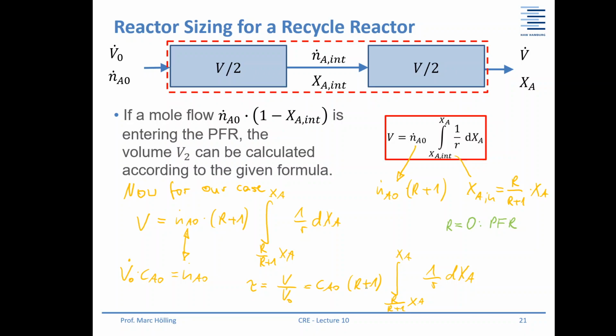Then you have just here the 1. So 0 plus 1 is 1. You start from the initial conversion of 0 to XA, and then you have the formula that we have for our plug flow reactor.